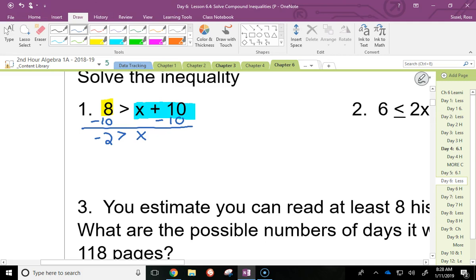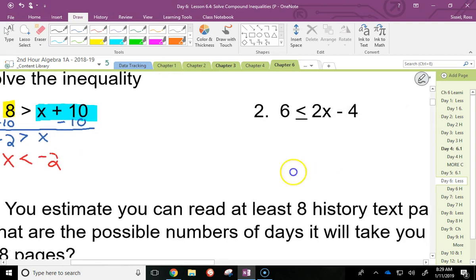Remember, we want to make sure we put our variable first. So this would have been that little foldable, the flip-flop, the sandals. If I put my variable first and my constant second, if I flip those two, I have to flop my inequality sign. So x is less than negative 2. It's going to make it easier on you to put your variable first.